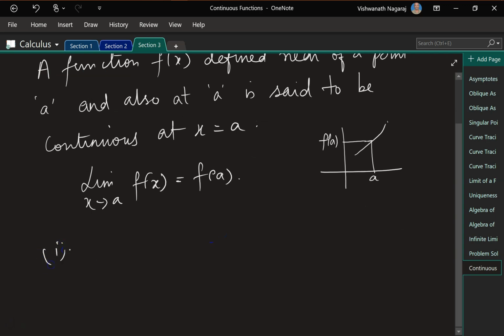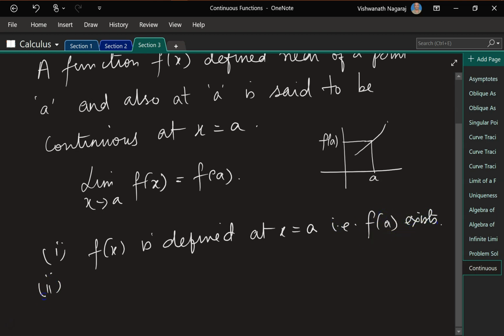So what does this mean? By looking at the definition itself, we can figure out that there are three conditions. f of x is defined at x equal to A. There are no holes, so that is, f of A exists. Second, the limit as x approaches A of f of x exists.